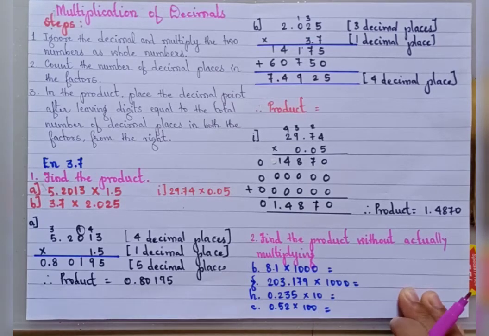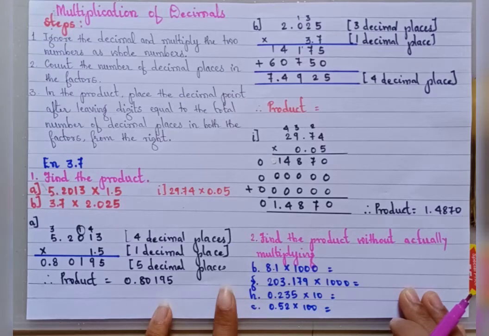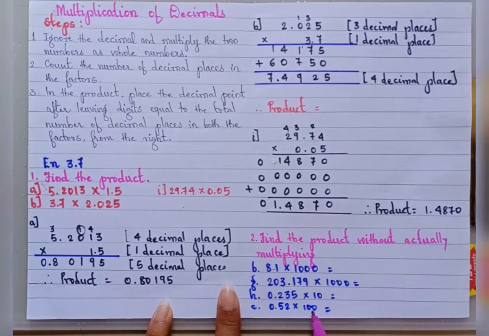As many zeros as there are in the 1, those many places we have to shift the decimal point to the right side. So now here we have 0.52 and here we are having 100. So we have to shift this decimal point 2 places to the right side. So the answer will be 52.0.